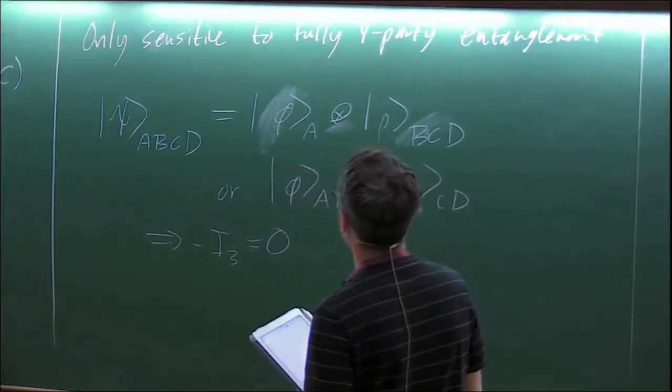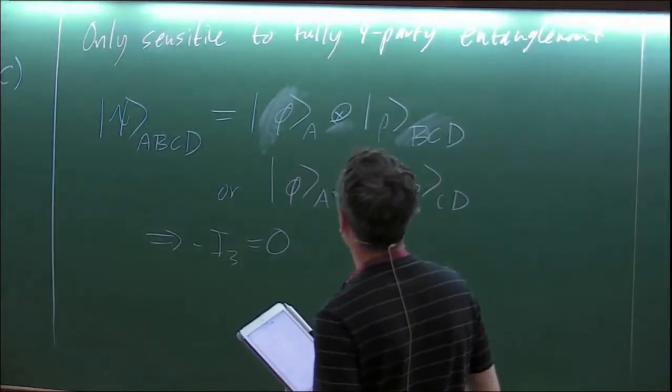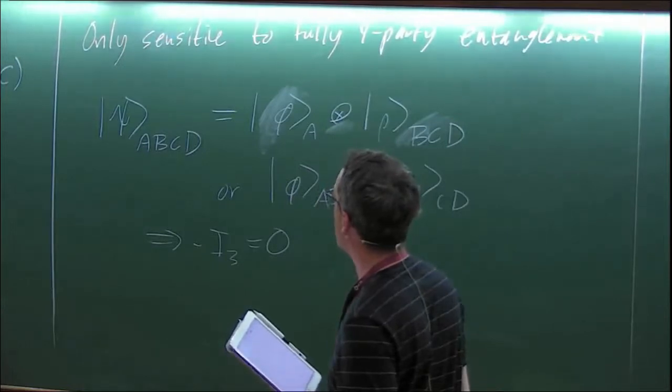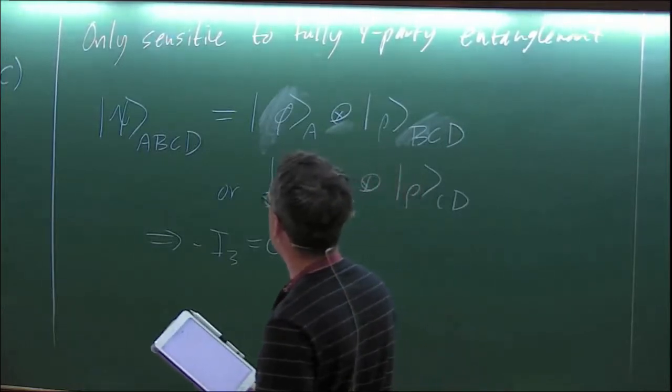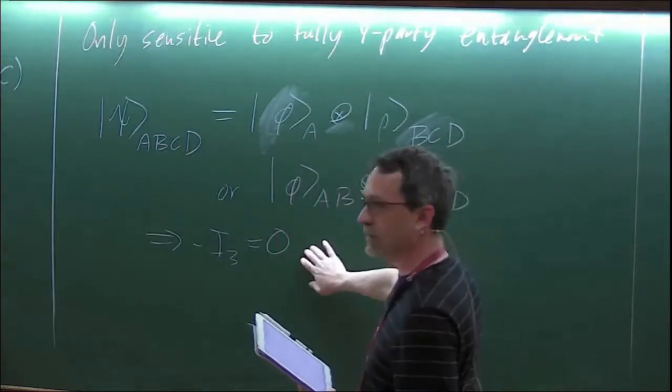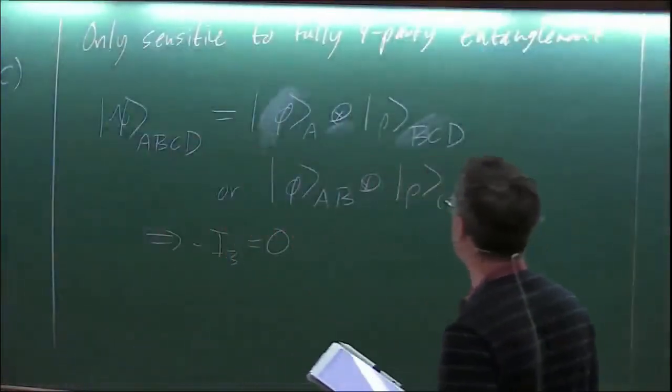Sorry, I'm a bit confused. Psi ABCD is a pure state. Okay, I get it. So in these two cases, and obviously permutations of them, you get this. And it's just plug and chug, and you see that it's true.